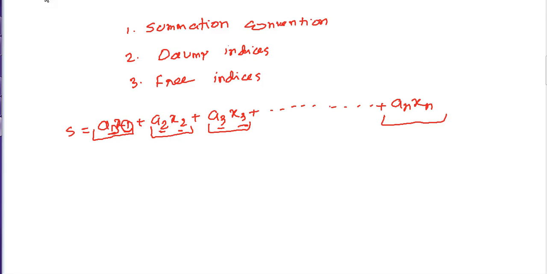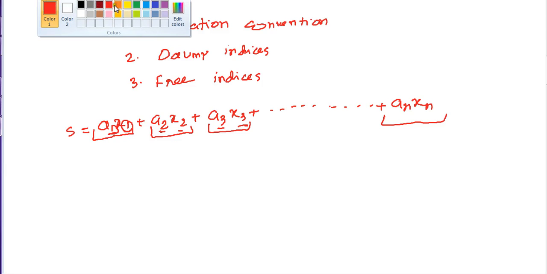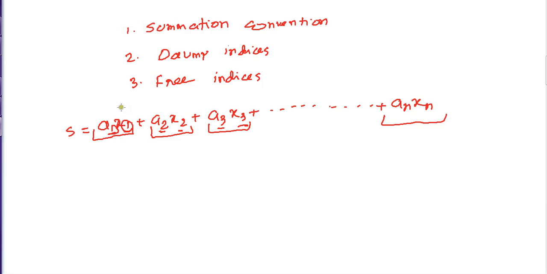I'm going to change the color so that you can understand better. Here it is 2, here it is 2. So in every part of this equation, the indices of both terms are the same.